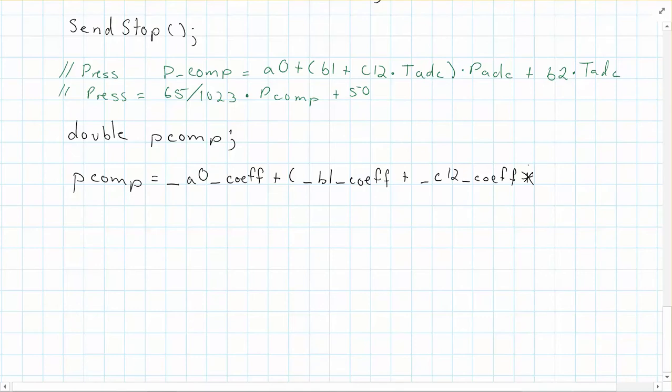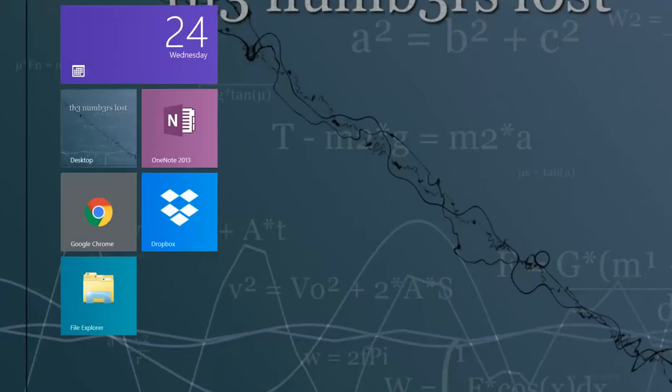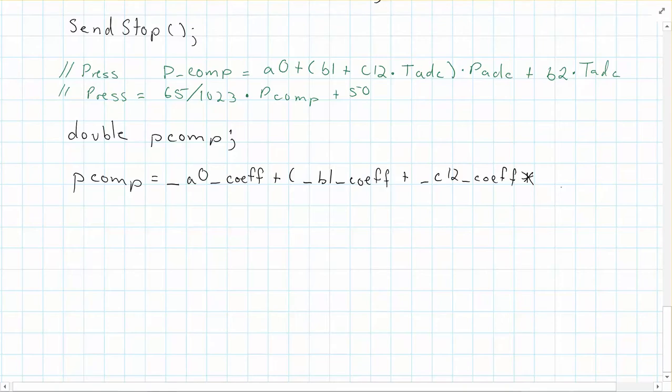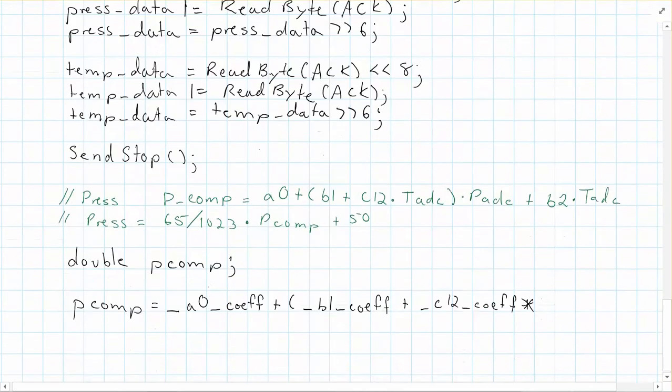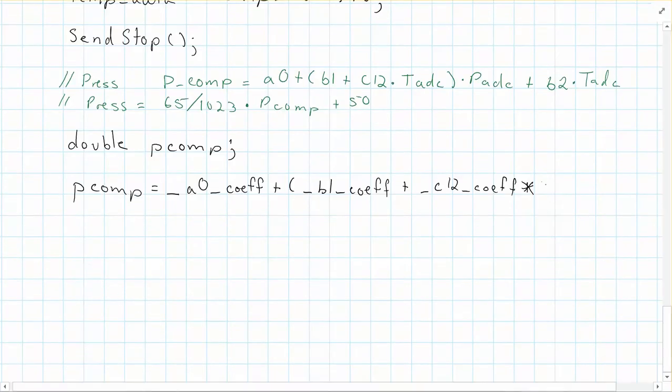times, what did I call this? I'm going to scroll back up here, temp data. And I'm running out of room, so I'm going to move to the next line here.